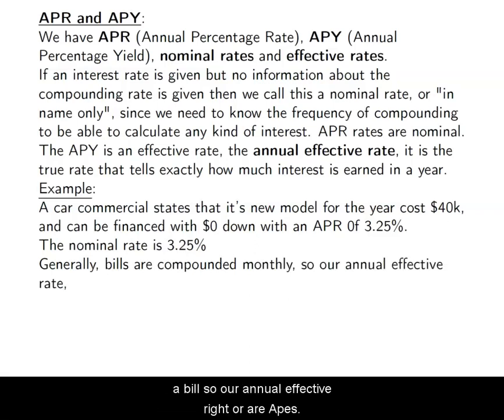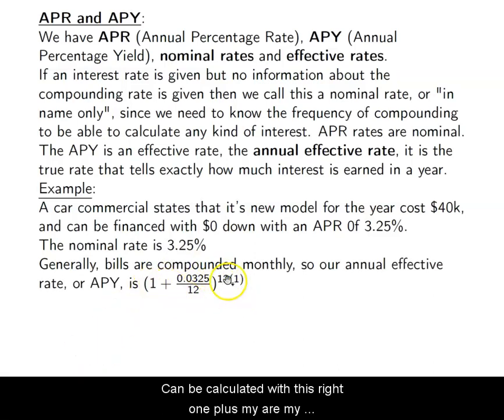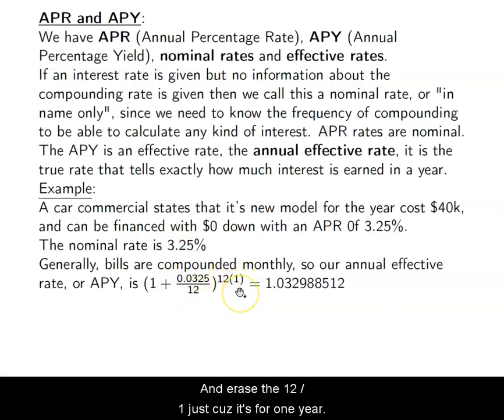So our annual effective rate, or our APY, can be calculated with this, right? 1 plus my R, my nominal rate, over 12, because I'm being compounded 12 times a year. They're charging 12 times a year at this rate. And that's raised to the 12 over 1 just because it's for 1 year, right? So this comes out to 1.032988512.